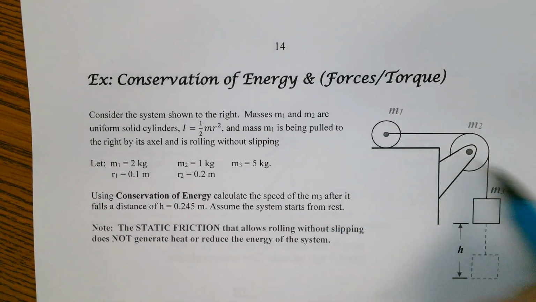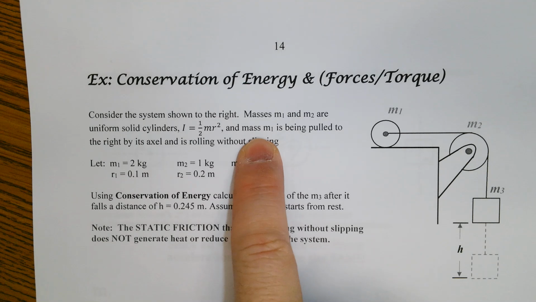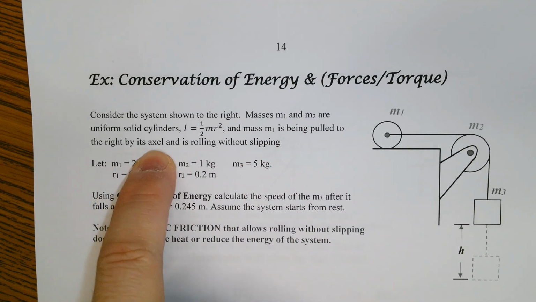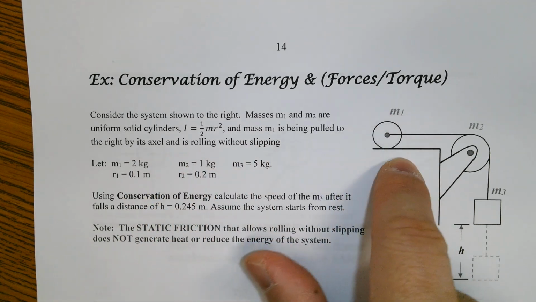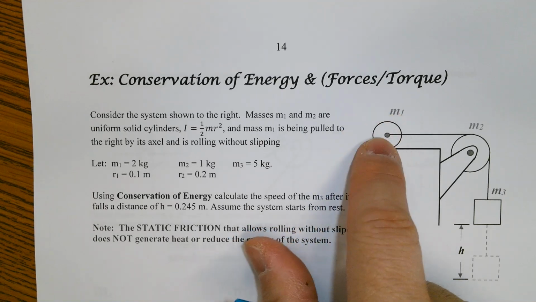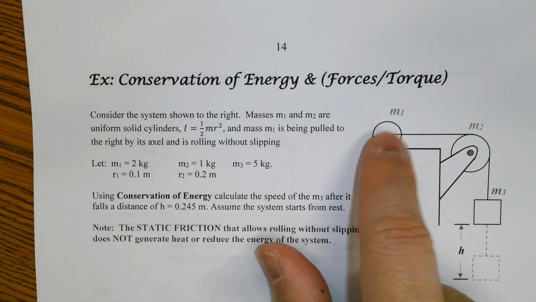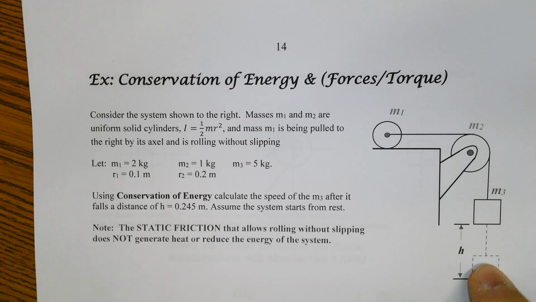So this is a solid disk, and mass M1 is being pulled to the right by its axle and is rolling without slipping. So this is rolling, which means it has rotational motion as well as translational motion.